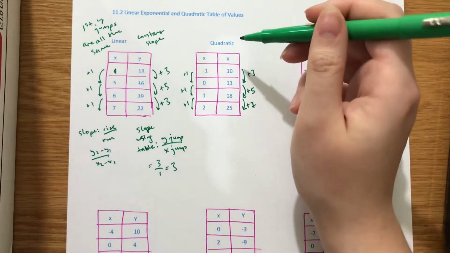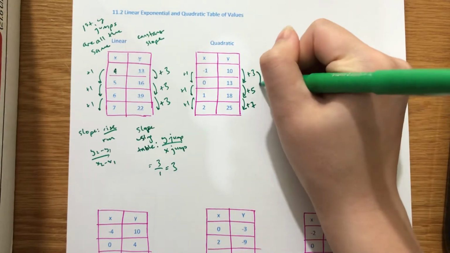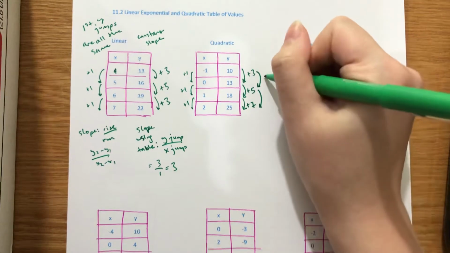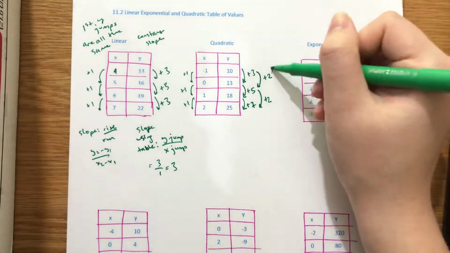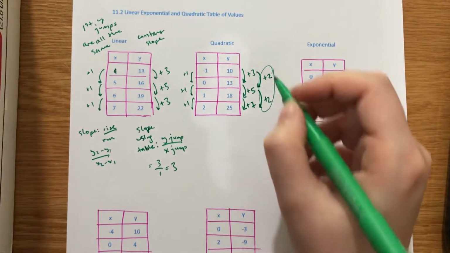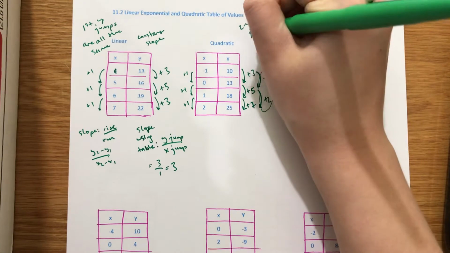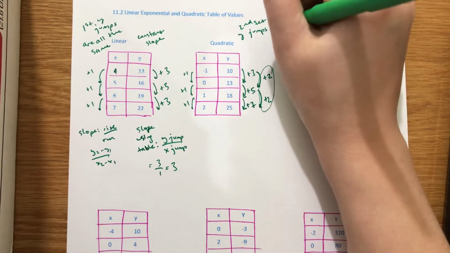What's cool about a quadratic is it's actually the second set of jumps. So then you're going to make a second set. How do we get from 3 to 5? That's plus 2. How do we get from 5 to 7? That's plus 2. And the second set of jumps is the same. So a quadratic is when the second set of y jumps is the same.